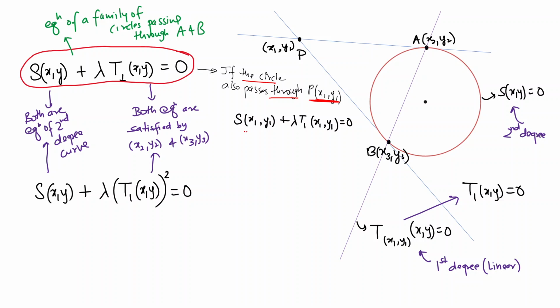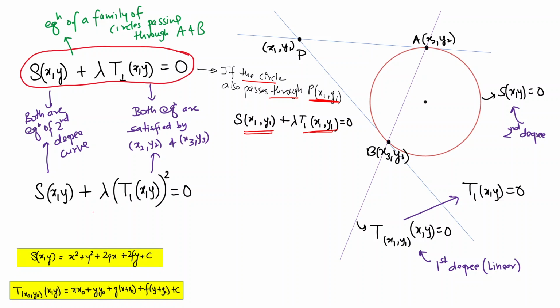So S x1 y1 and T1 x1 y1. Okay, so what is this? This is Sxy. When you put some point inside it, let's say x1 y1, it would be 0 only if this x1 y1 lies on the circle. But if x1 y1 is outside the circle, in that case it will give you a positive value.